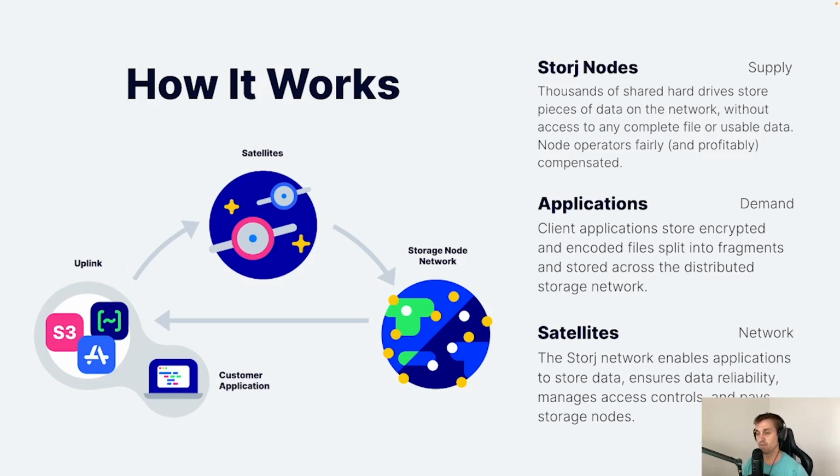We also have a library called Uplink, which allows users to interact directly with the storage nodes. And then we have satellites that do a little bit of the in-between work to make it a little easier to use. That ensures that access controls are managed, ways to pay the storage node operators, and ensure the data is reliable.